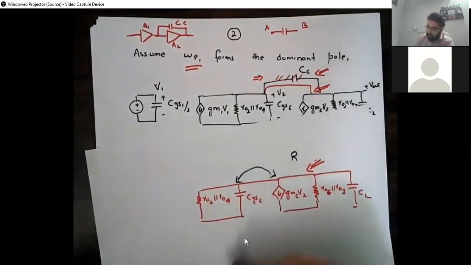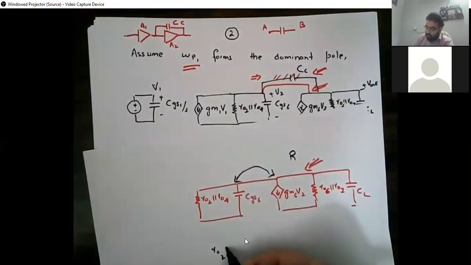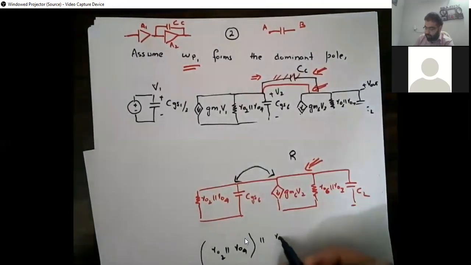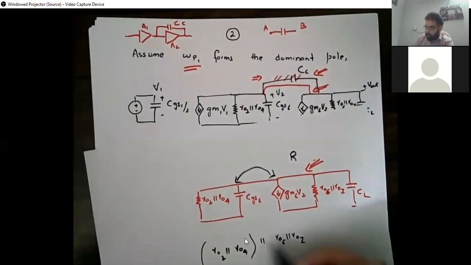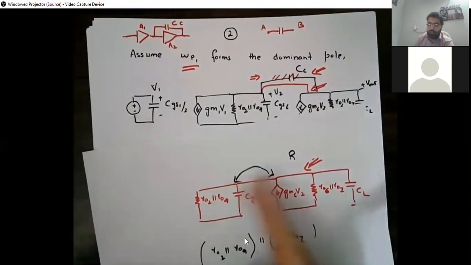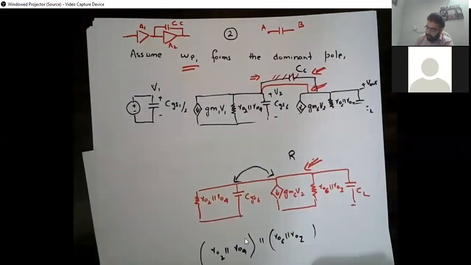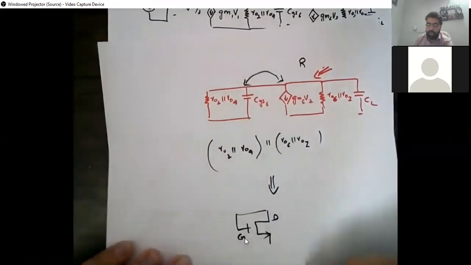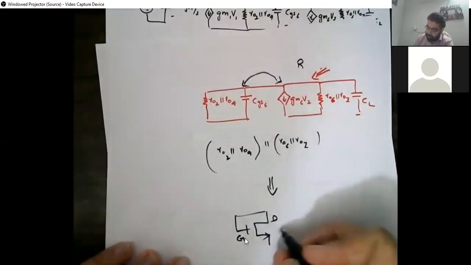So in reality, it's going to be something like RO2 in parallel with RO4, in parallel with RO6, RO7. But since we are shorting these 2 points, if we go back to the transistor model, what we are doing is that the drain is getting shorted to the gate.